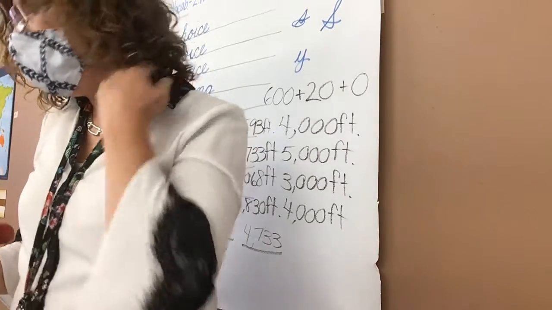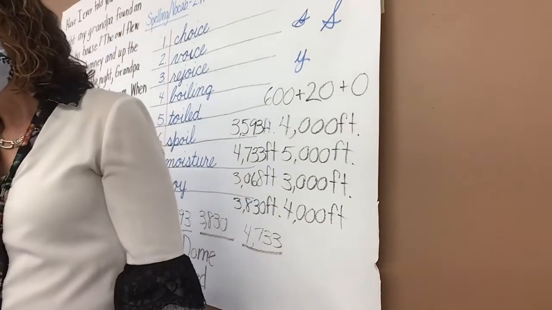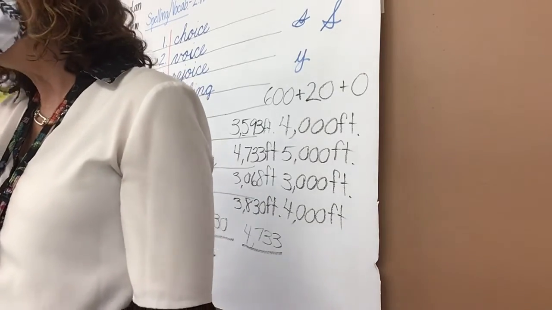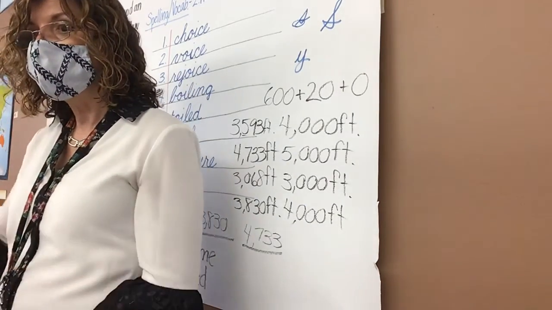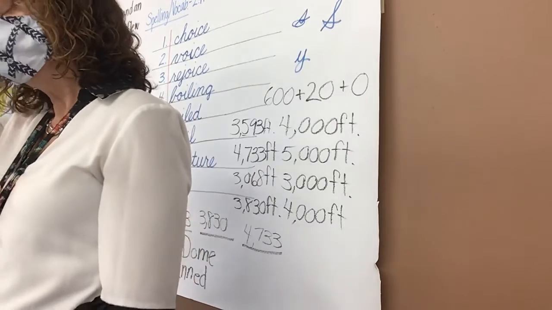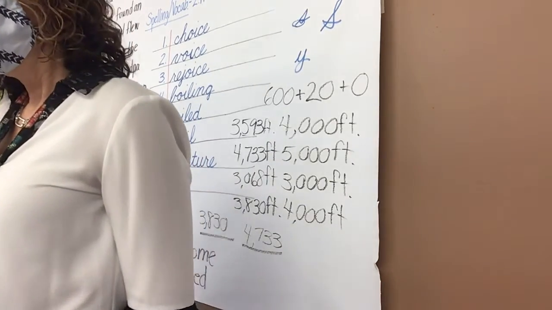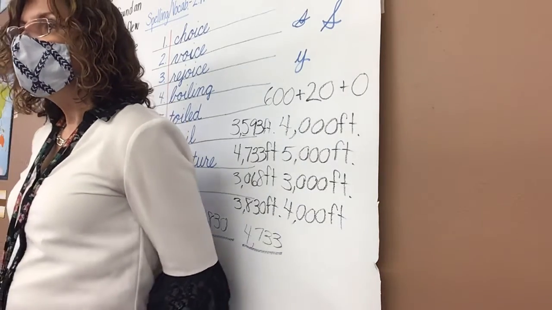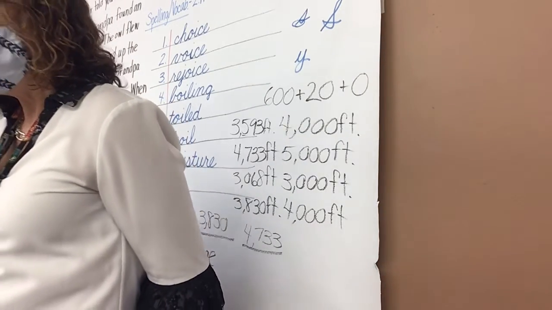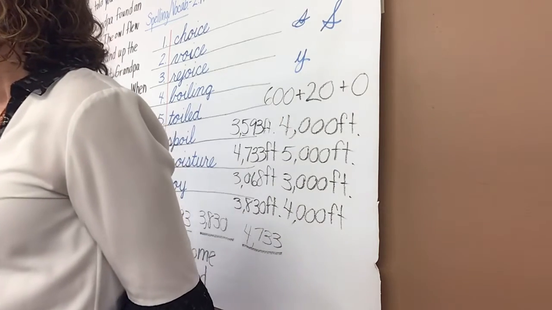Now for the next one, they don't have a picture of it, but they want you to take 720 and put it in expanded form. So the 7 is worth 700, so put 700. The 2 is worth 20, so put a 20.